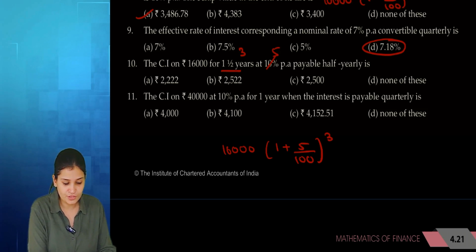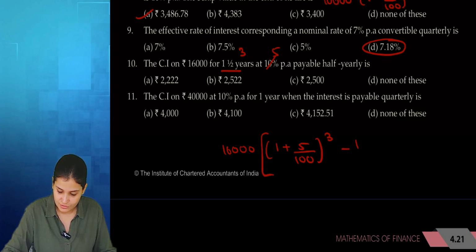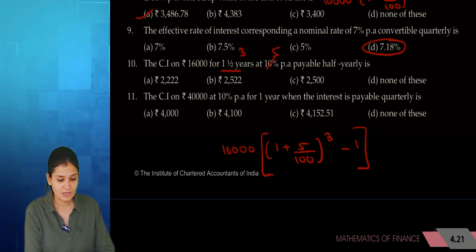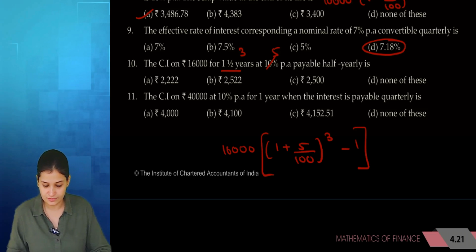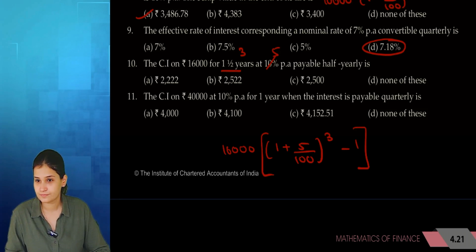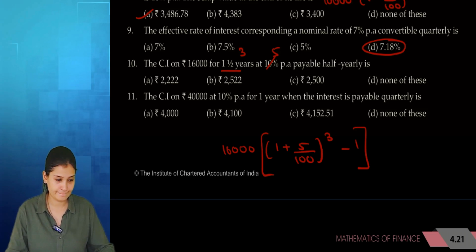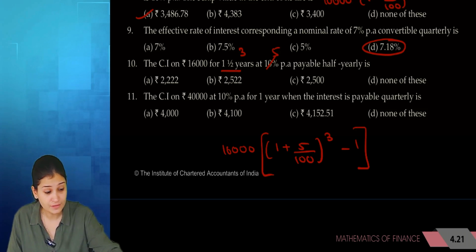So 1.05 and minus 1. This was your formula, right? 1.05 three times minus 1 multiplied by 16,000. 2,520. Option B. Yes.